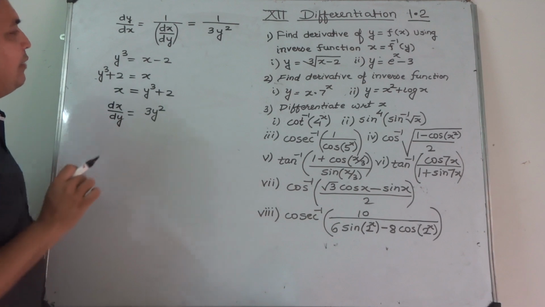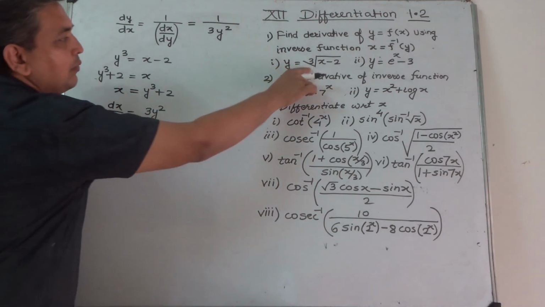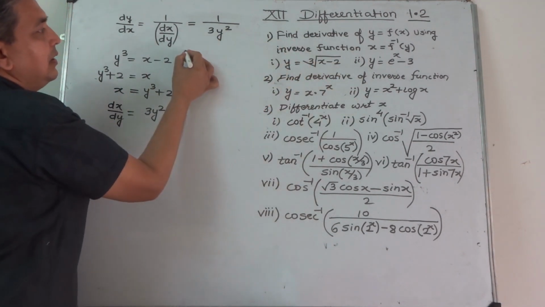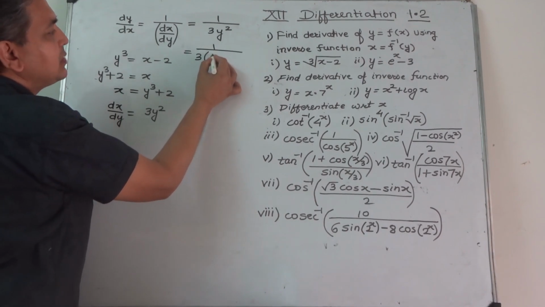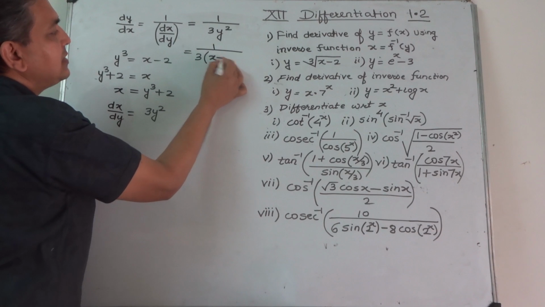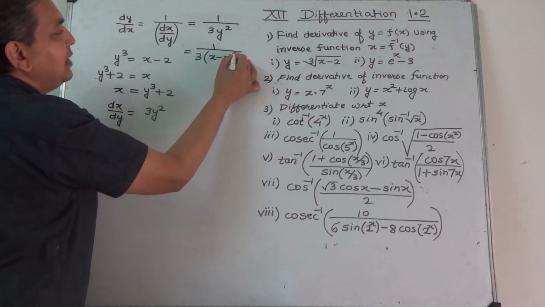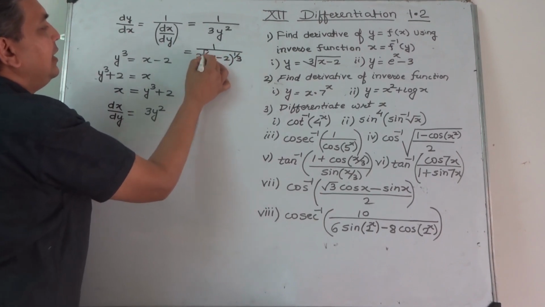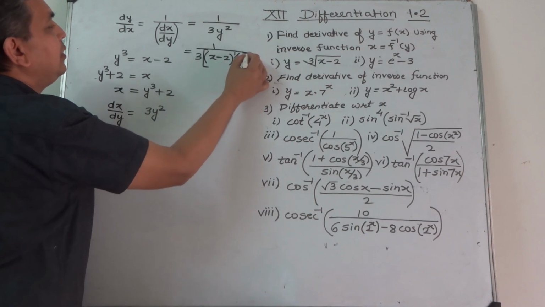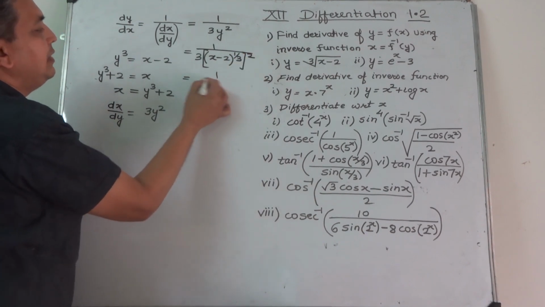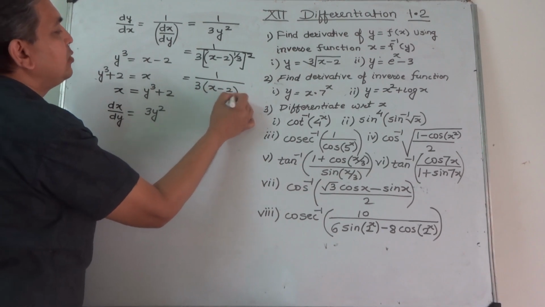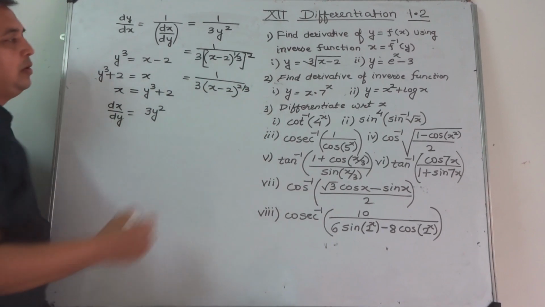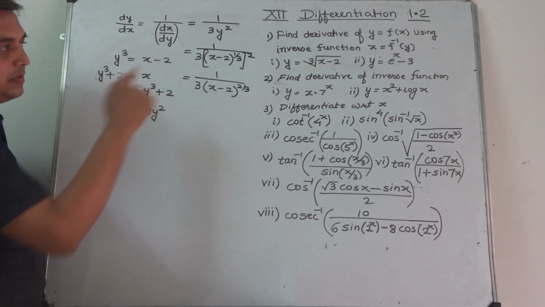Now in place of y, we can substitute the value, and this can be written as 1 upon 3 times (x minus 2) raised to 1 by 3, to the power 2, and so the answer will be 1 upon 3 times (x minus 2) to the power 2 by 3. So this is the first answer.